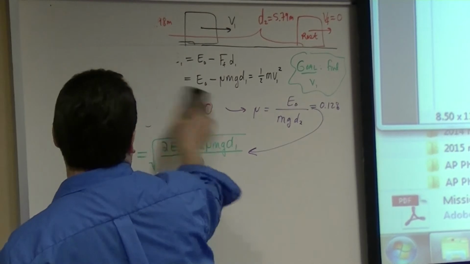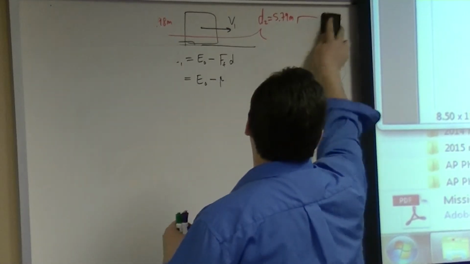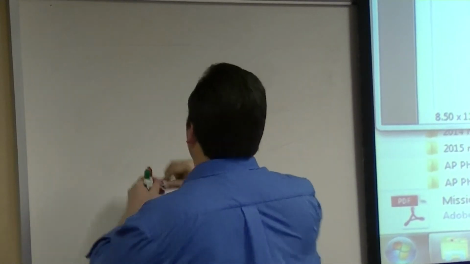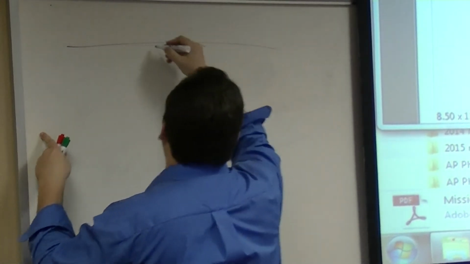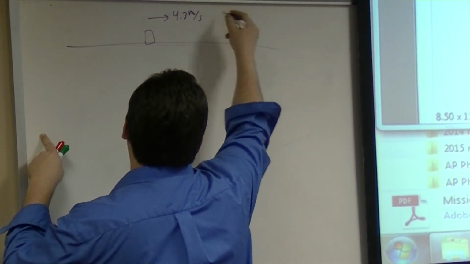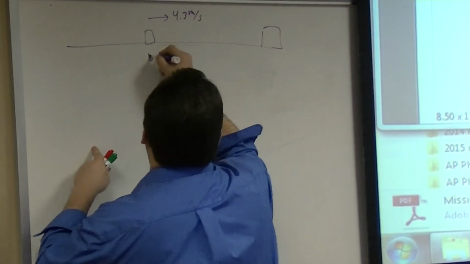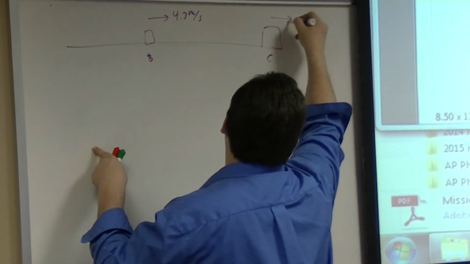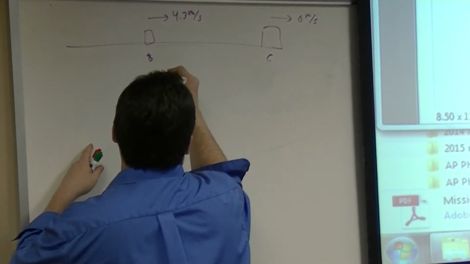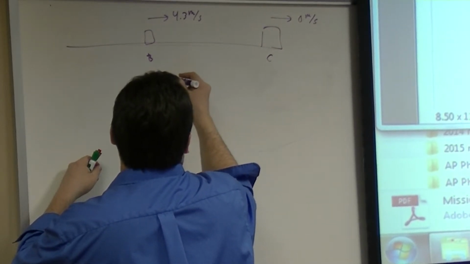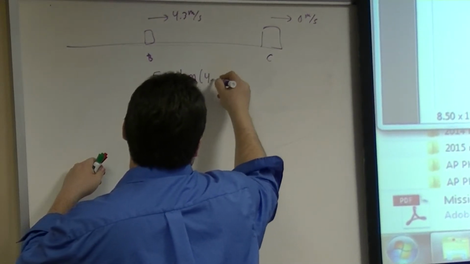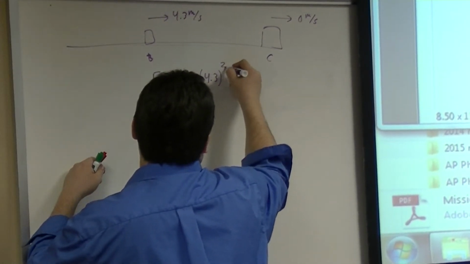So it's kind of the same as this one we're just talking about, right? If you look at B and C, you've got 4.3 meters per second at point B. At point C, you've got 0 meters per second. So your initial energy is equal to 1/2 m times 4.3 squared.